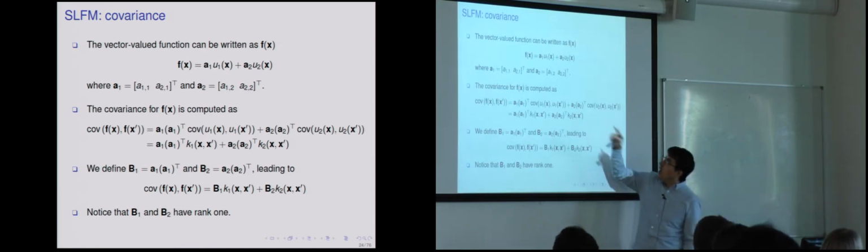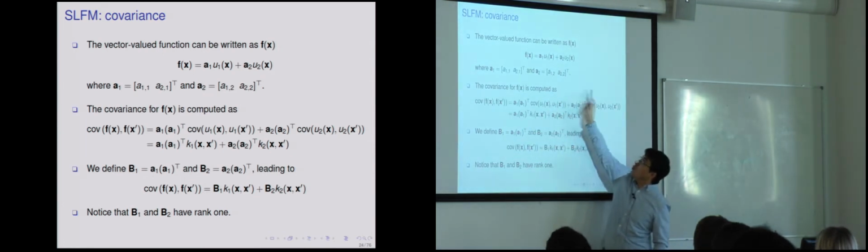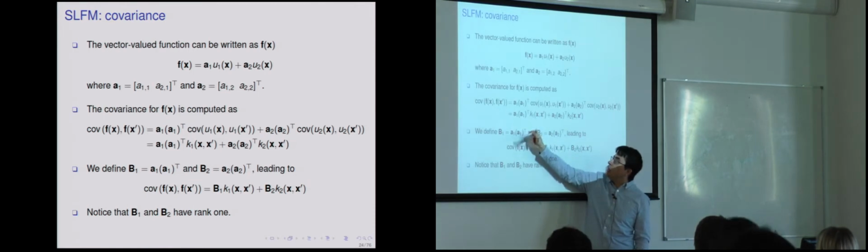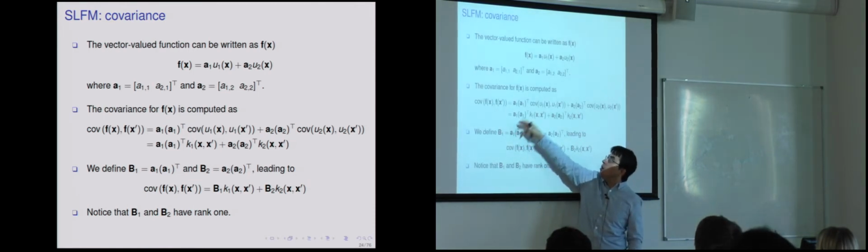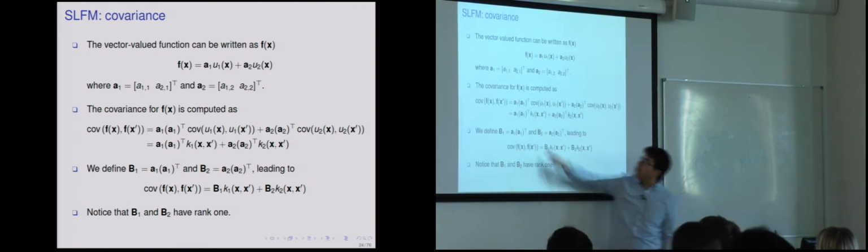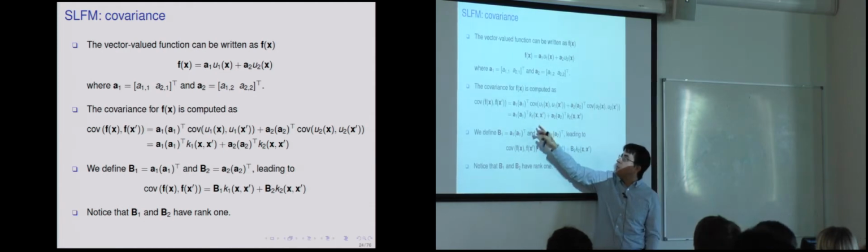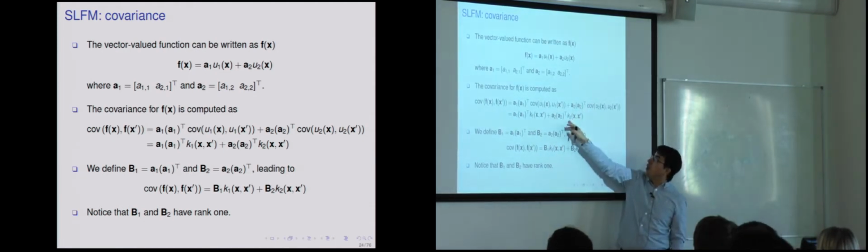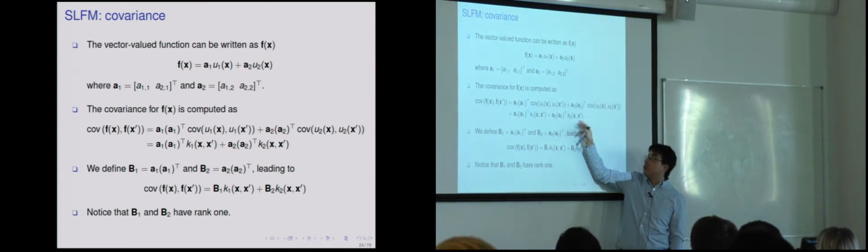Yeah? And then when I compute the covariance, I get, again, these two processes are different, they are independent. So I get a first term that is the outer product of this vector A1 times the covariance for the first process plus the outer product of the vector A2 times the covariance function for the second process.